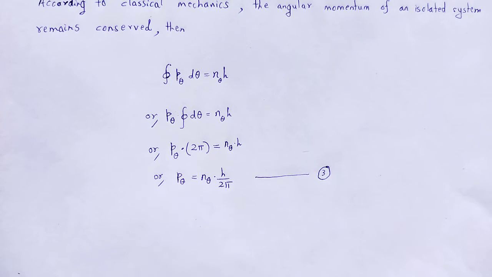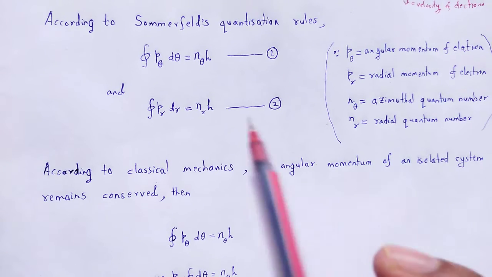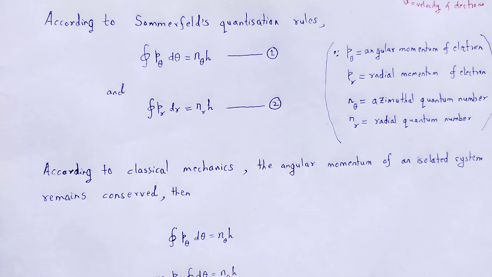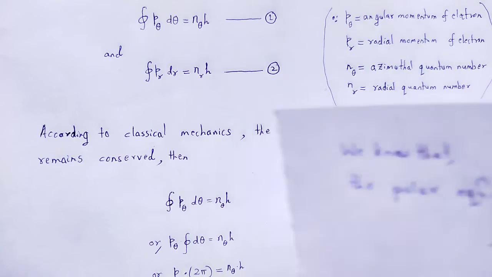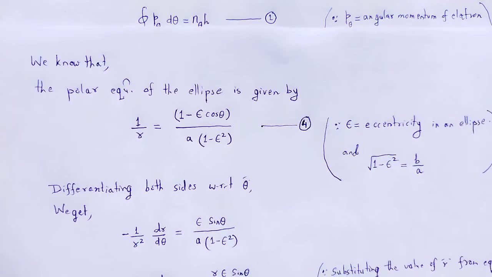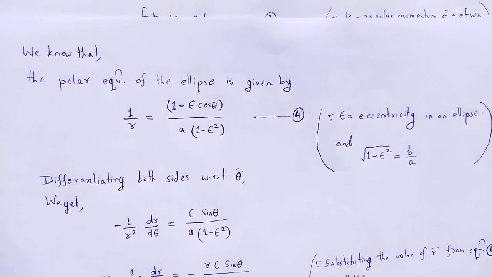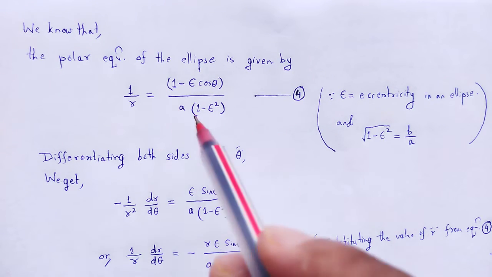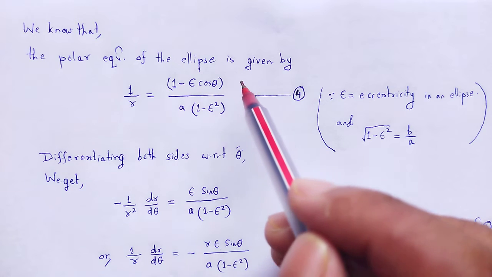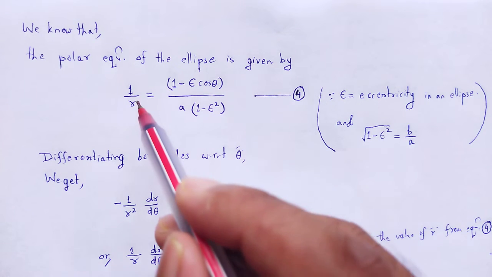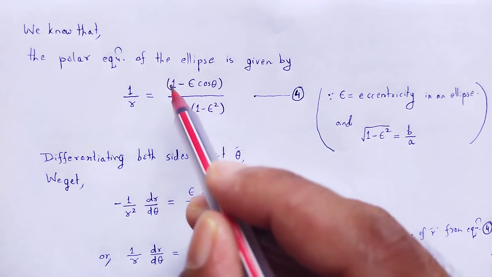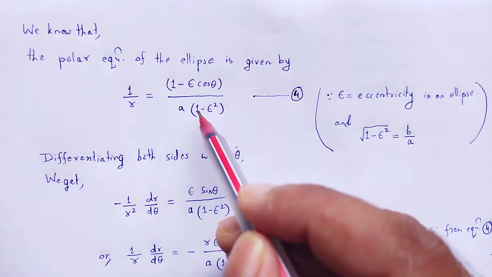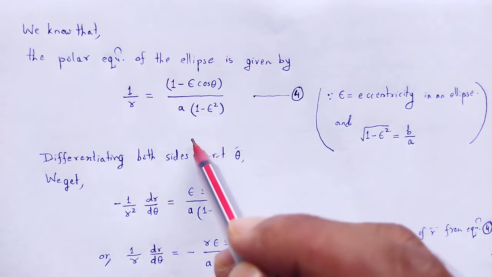Next, to deal with equation number 2, first we have to remember a point. The polar equation of an ellipse is 1 by r equal to (1 minus epsilon cos theta) divided by a(1 minus epsilon square).